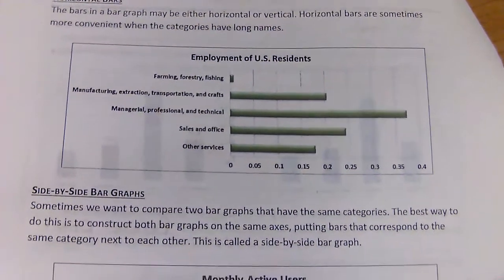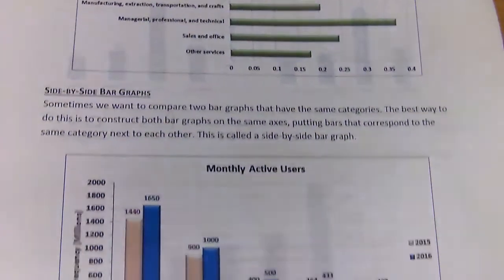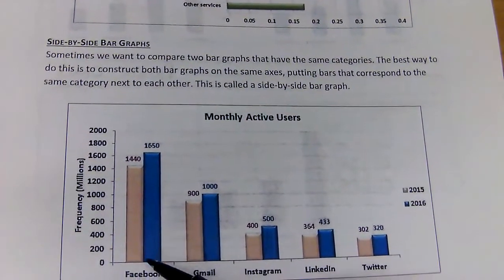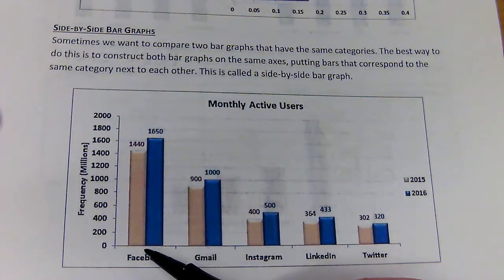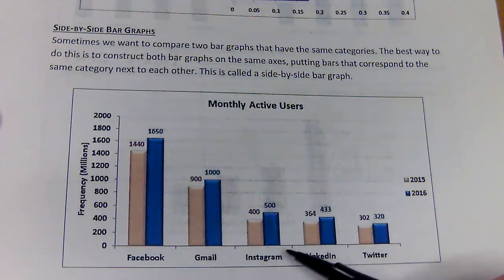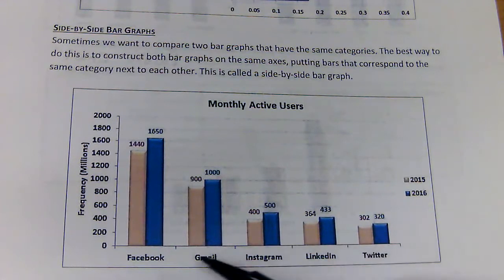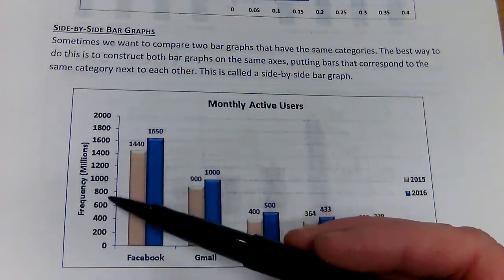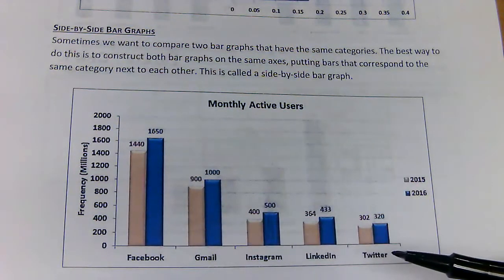Now, if we wanted to compare two bar graphs that have the same categories, the best way is to do what is called a side-by-side. So in this bar graph, we have the categories Facebook, Gmail, Instagram, LinkedIn, and Twitter. And what it's showing is the frequency in millions, how many active users we have in each of those categories.